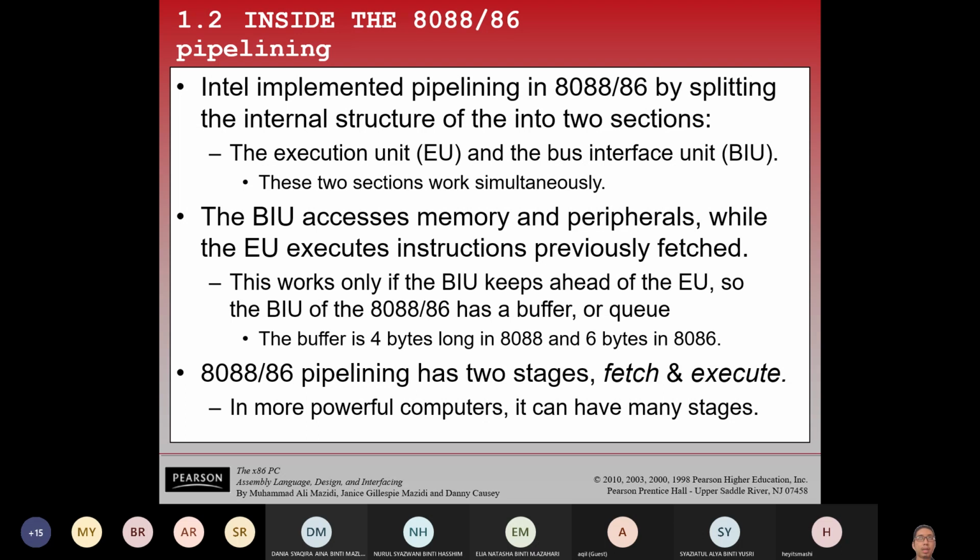The pipelining, as you looked at before, has two stages, which are fetch and execute. In more powerful computers, if you have a larger frequency and so on, it can have many stages, but basically what you need to know is fetch and execute.